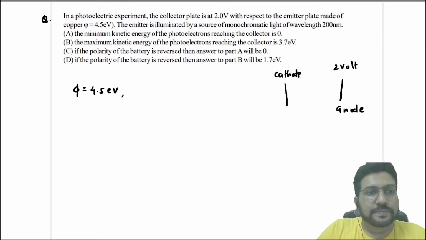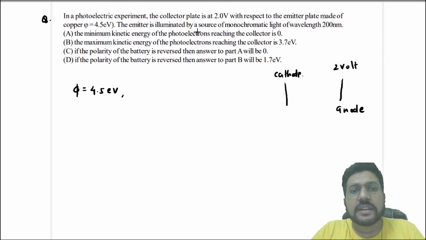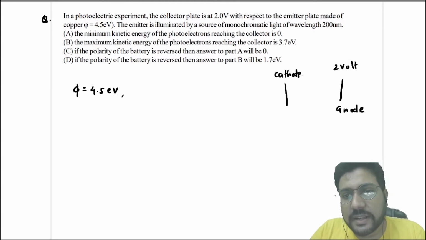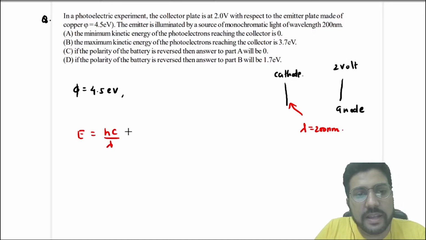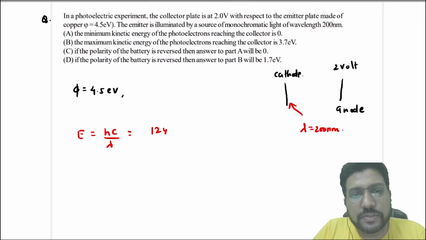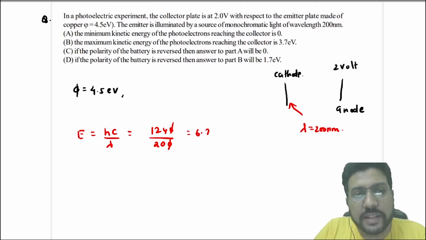Now the emitter is illuminated by a source of wavelength lambda equal to 200 nanometer. If lambda is 200 nanometer, then E is how much? E is hc by lambda, and that is equal to 1240 divided by 200, and that will come out to be 6.2 electron volt.